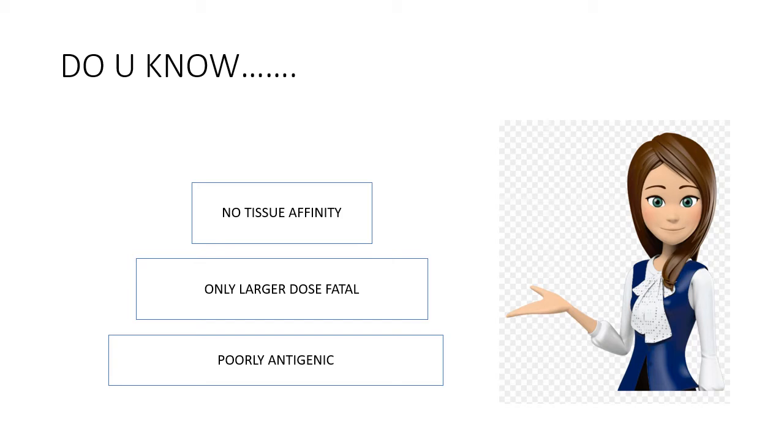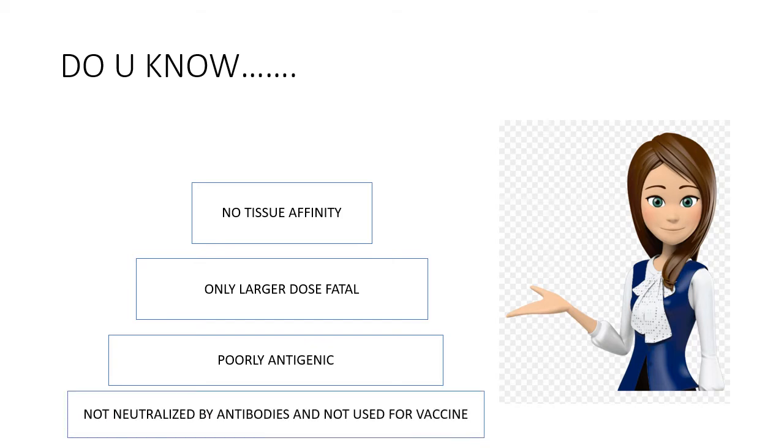So it doesn't mean that it is powerful. And remember, it's not neutralized by the antibodies, and it is not at all used for vaccine production. So if you remember all these key points regarding the endotoxins, you could easily differentiate it from the exotoxin.